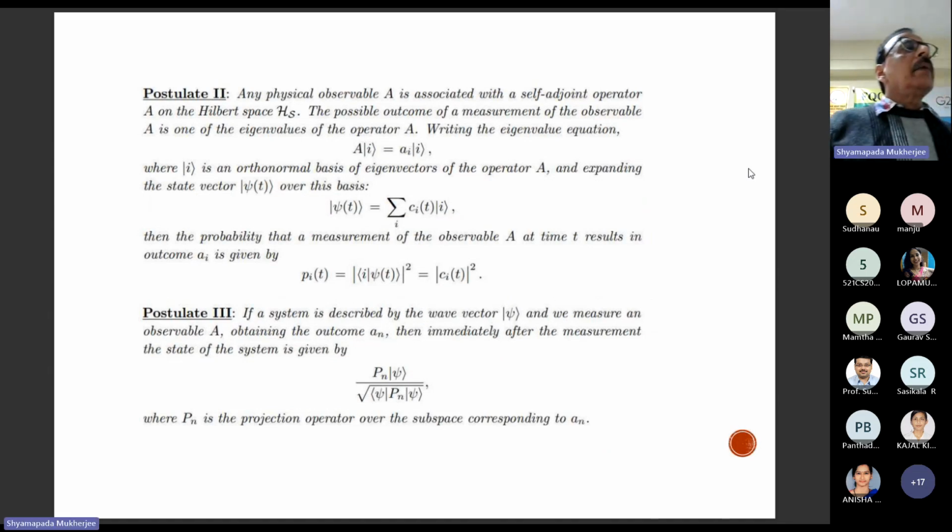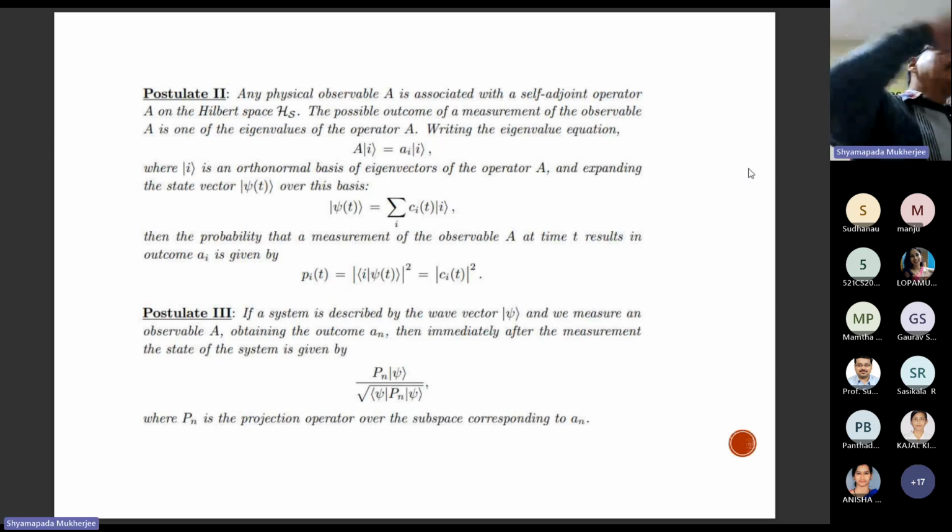But in quantum mechanics, you see, in classical mechanics, I want to observe something. I want to measure, suppose, the position or momentum or charge of a particle. How do I measure this? By some instrument.